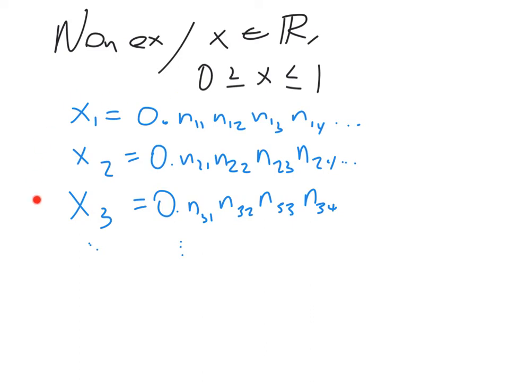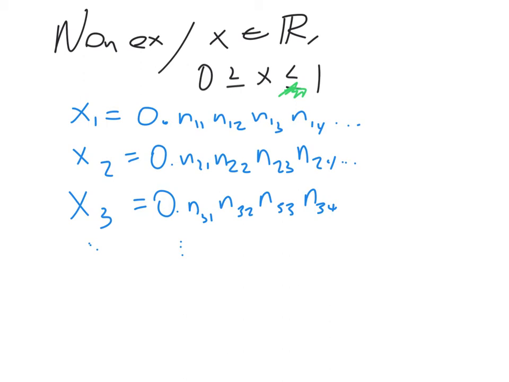Imagine that I've created a list of every single number in this interval, and so I'm writing them down in decimal representation, and because they're in the interval between 0 and 1, actually let's scratch this equality, let's put them within the interval, then their initial digit is going to be 0. And I'm just writing them down in their decimal representation, and I'm assuming they're countable, so I'm writing them in the order that I'm able to find by a countability argument.